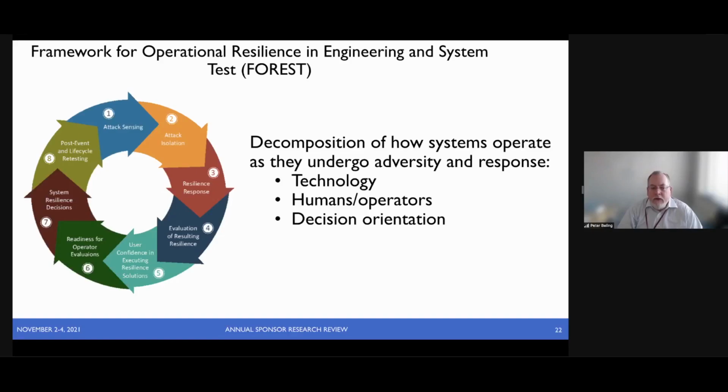So the notion in FOREST is to break apart the idea of cyber resilience and to say, well, the first thing we're going to have to do is that the system is going to need to have some capability of understanding when it's under attack. So it needs a capability of sensing when its functions have been disturbed by potential cyber attack.